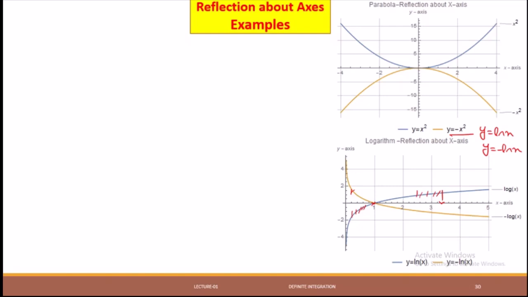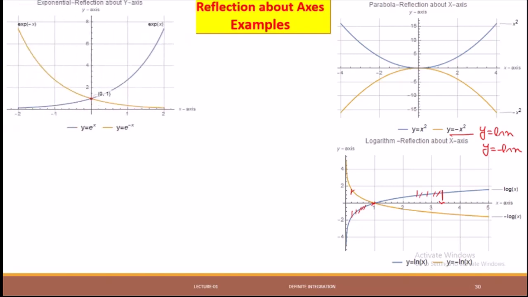Now let us have a look at reflection about the y-axis. Here I am considering the example y is equal to e to the power x. The graph of e to the power x is represented in the blue colored curve. Now I have to find out the graph of e to the power minus x, which is represented in the orange colored curve.